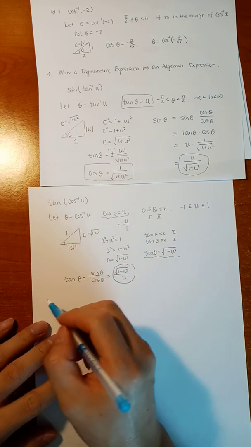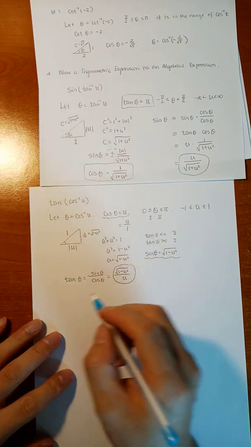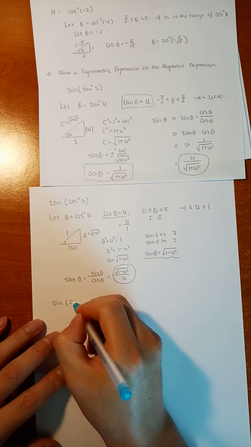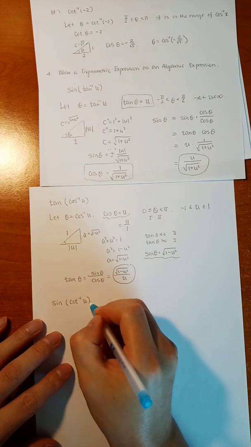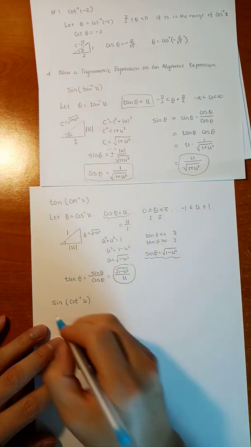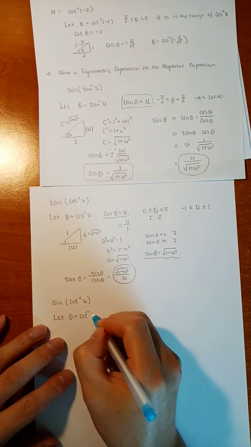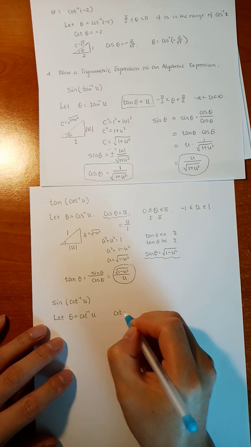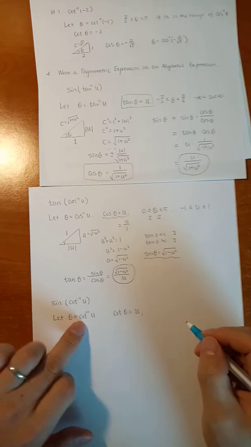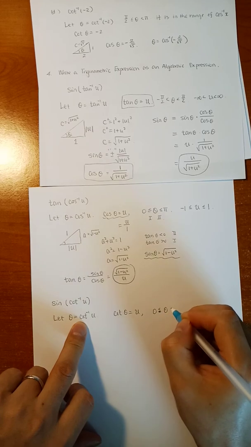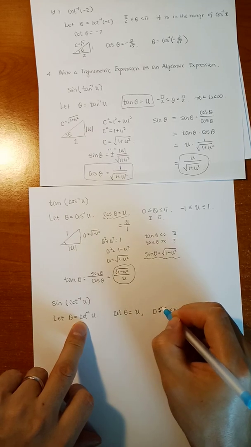Let's do one more, the last one. Yeah, we have time. Let's do one more. Sine of cotangent inverse of u. So let theta be cotangent inverse of u, then cotangent of theta is equal to u, and theta is between 0 and pi, excluding 0 and pi.